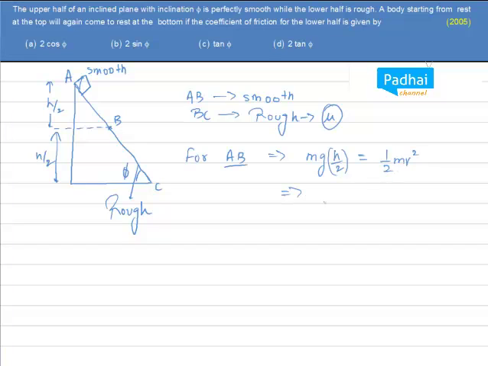So from here we can calculate the value of v. V will be equal to under root of g into h. Now this is basically the velocity that it has gained at B.